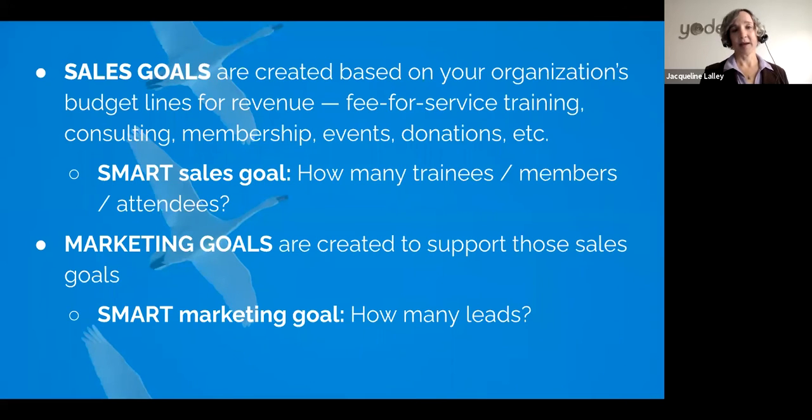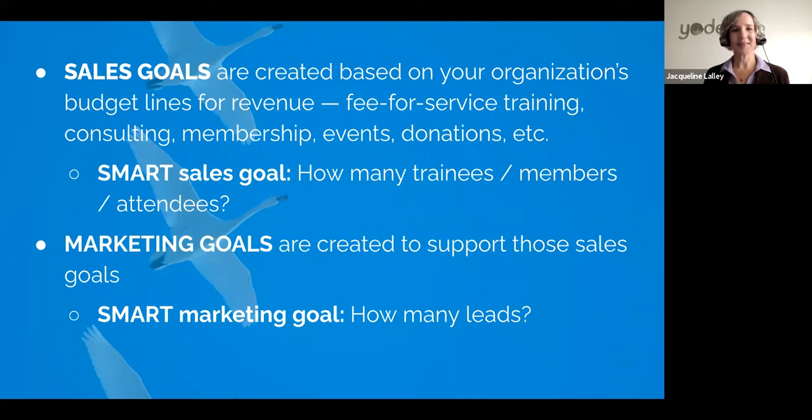For example, you have a line on your revenue budget for fee-for-service training, for consulting, for membership, events, donations. Those are sales goals. So a SMART sales goal would be how many trainees or members need to attend in order to meet that fee-for-service line item goal. Okay, how many people do we need to get signed up? A marketing goal is going to be how many leads do we need in our CRM, qualified leads?